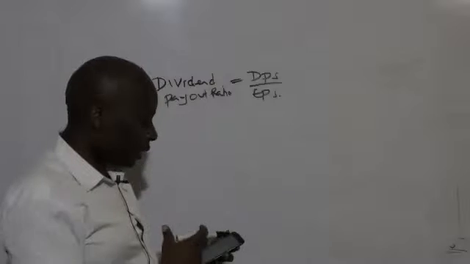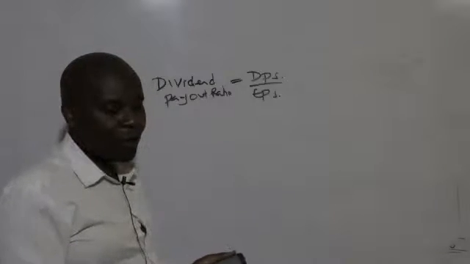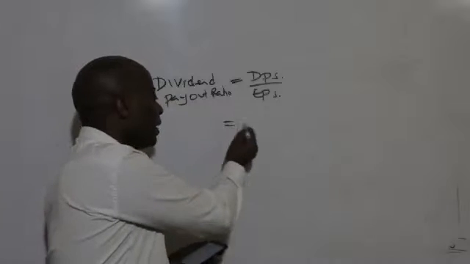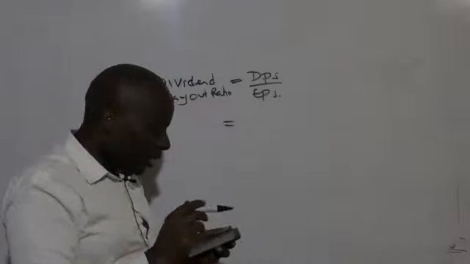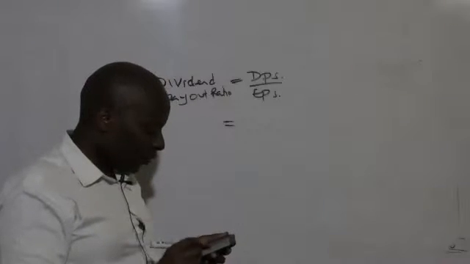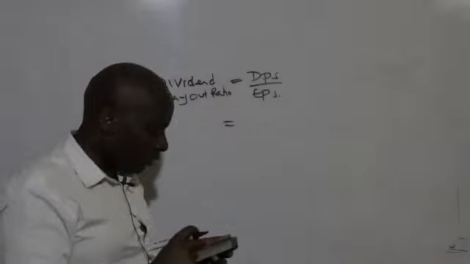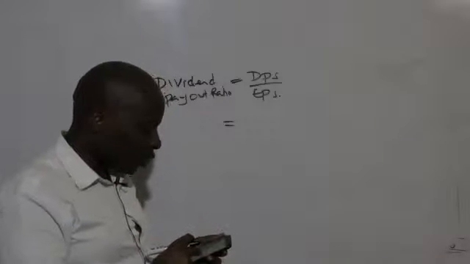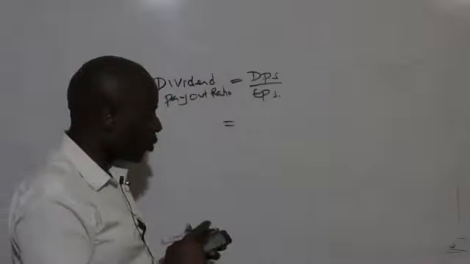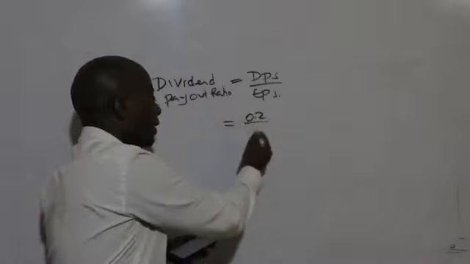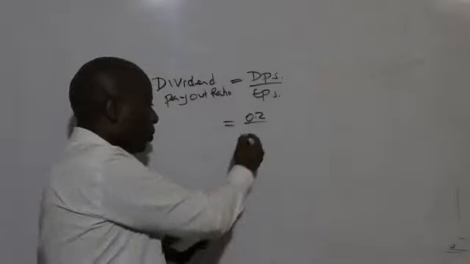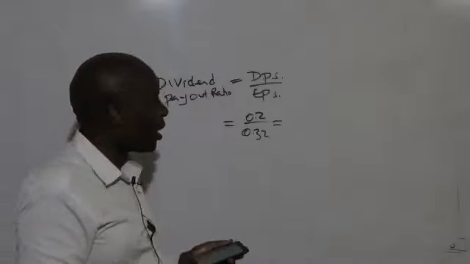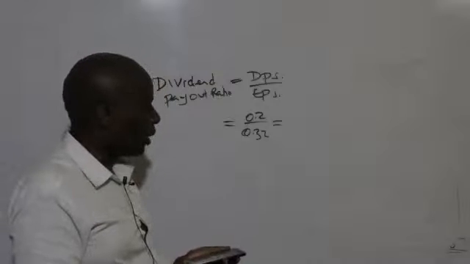In this question, the dividends paid was 0.2, all over the total earnings, which are 0.32. So will you give me this in the form of a decimal? Somebody help me out. 0.2 divided by 0.32 will give me what figure, somebody?